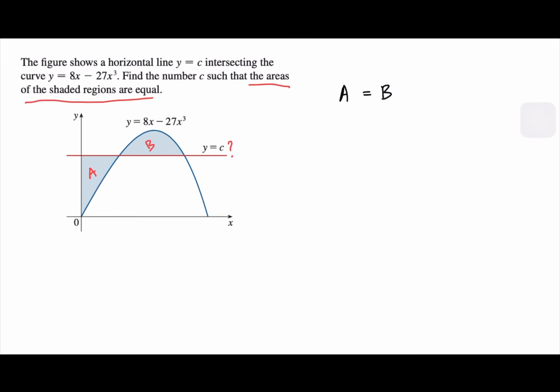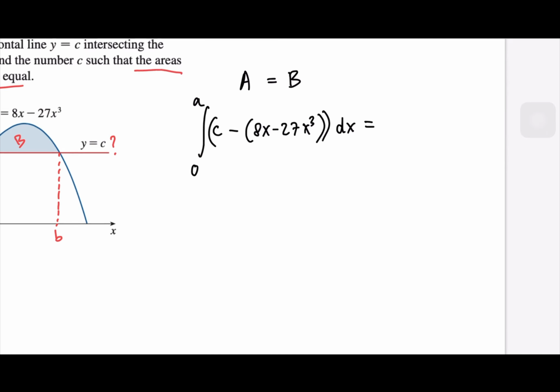Now, to make it easy or simplified, if we take this intersection and this intersection as some points a and b, then we can write down from 0 to a, we have our integration of c minus the curve, which is 8x minus 27x cubed, dx.